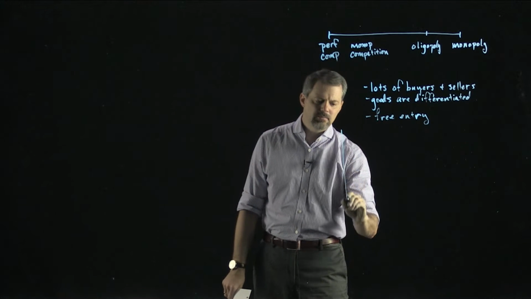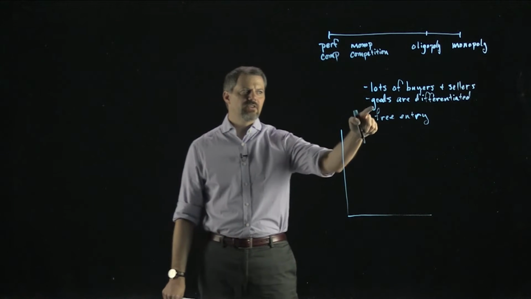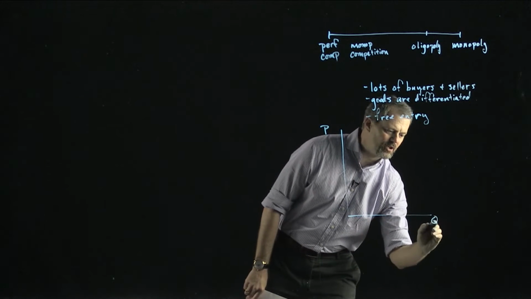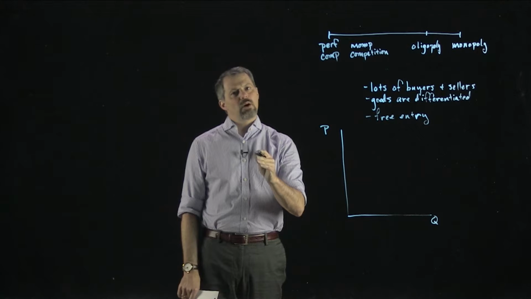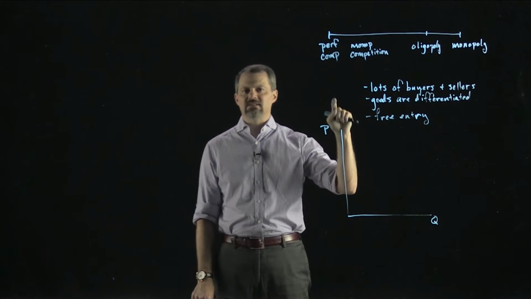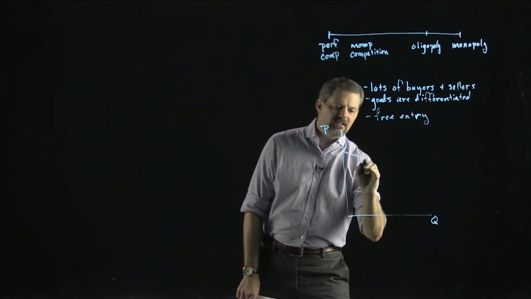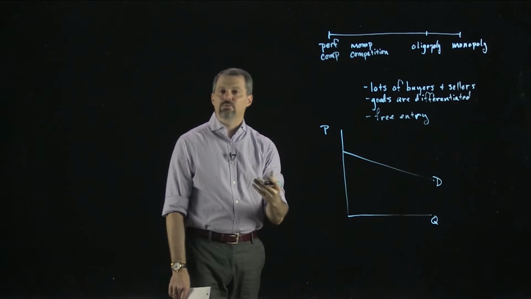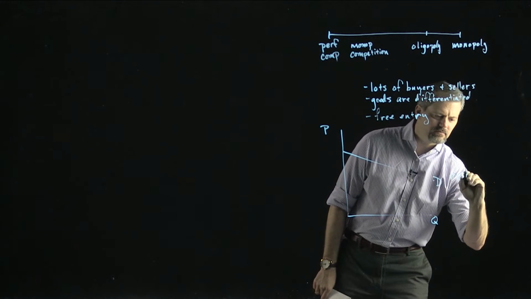So each firm is going to have some market power because of the differentiated goods. If we think about the inverse demand curve that the firm is going to face, it's not going to be the market demand curve, because there are going to be lots of different firms in the market. They're going to face a very elastic demand curve, and it's what we would describe as a residual demand curve. This is a residual demand curve.